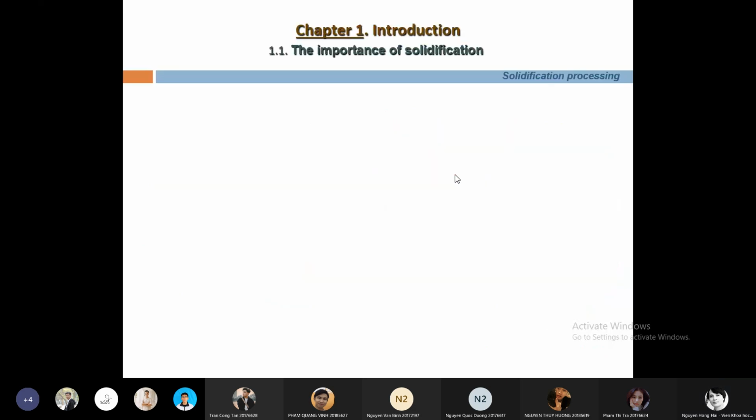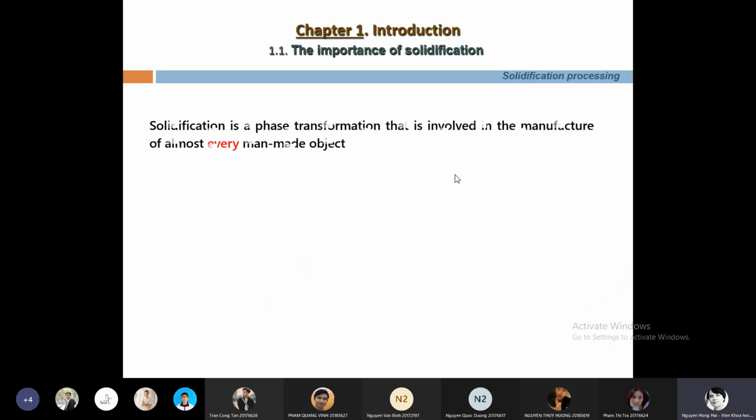So now the first chapter, introduction, and the first part is the importance of solidification. Why do you need to study solidification processes? Solidification is the phase transformation from the liquid to the solid state, from liquid phase to solid phase.